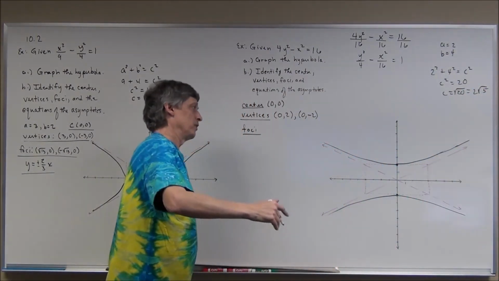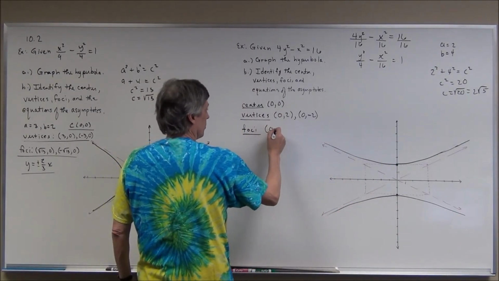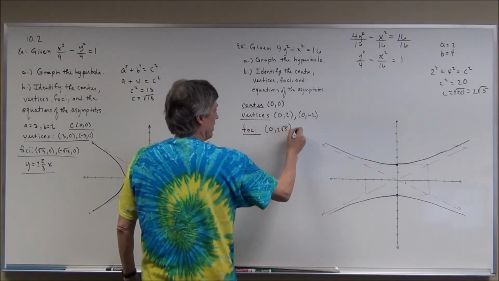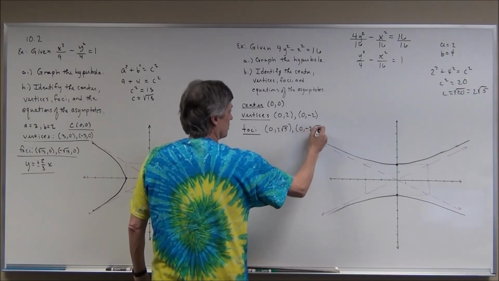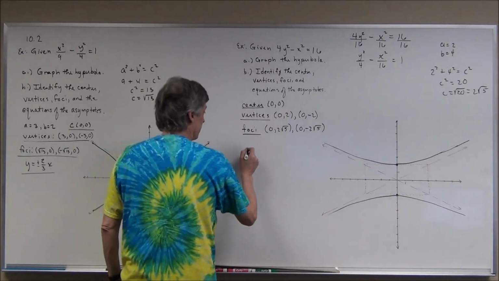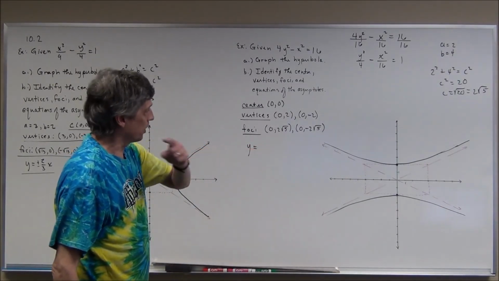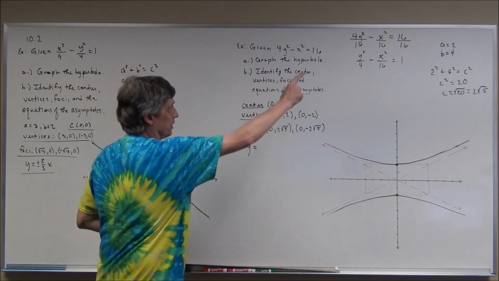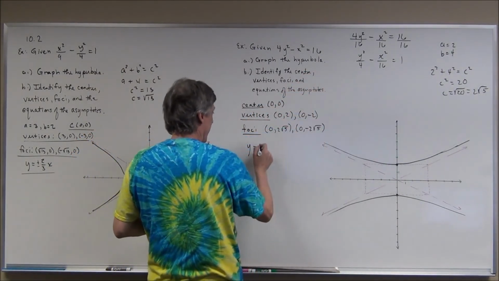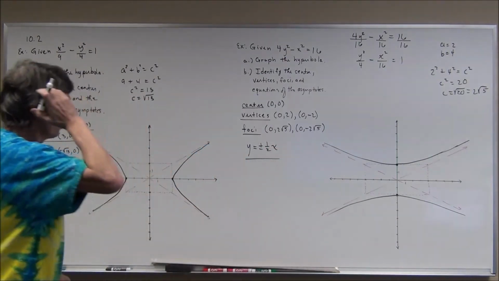So my foci are up here and down here, at 0, 2 square roots of 5 and 0, negative 2 square roots of 5. And the equations of my asymptotes: not b over a this time, because it opens upward and downward. It's a over b, so 2 over 4, or a half, so I'd have plus or minus 1/2 x for the equations of my asymptotes.